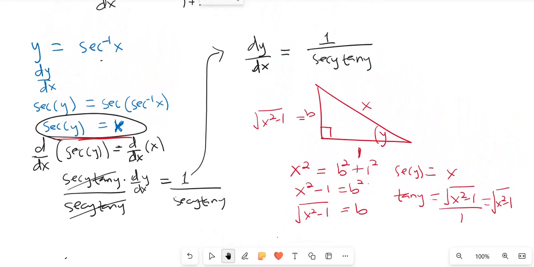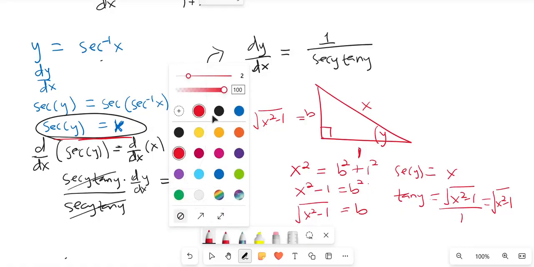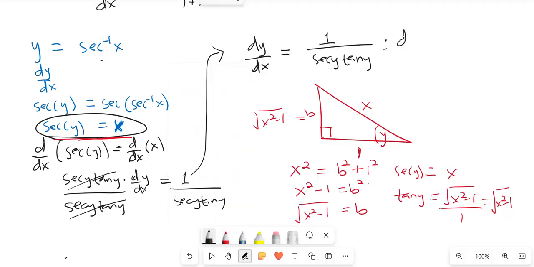So we have dy/dx equal to 1 over secant of y, which is x, times tangent of y, which is the square root of x squared minus 1. And this is the derivative of secant inverse of x.